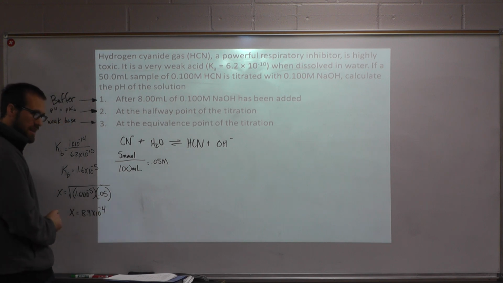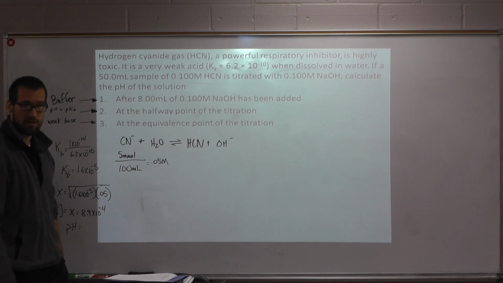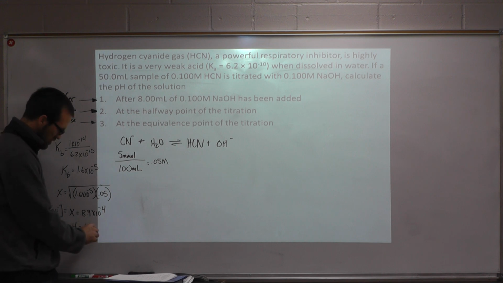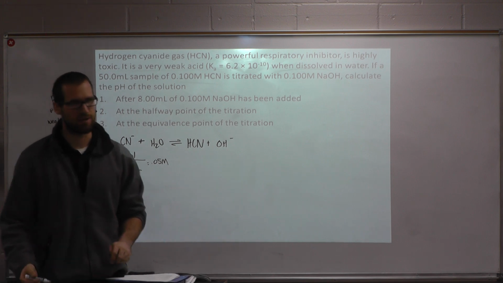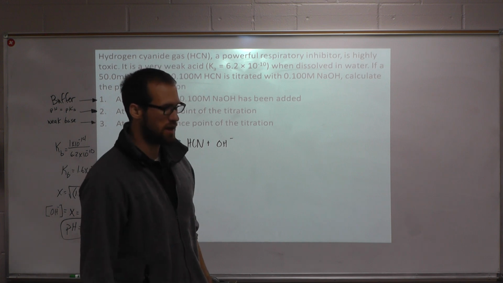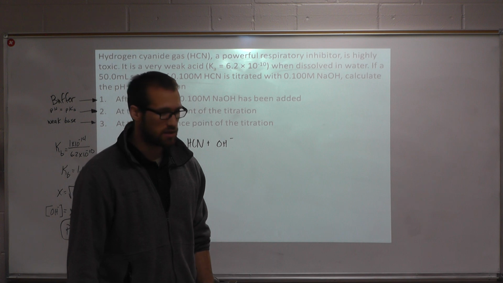And what's your X telling you? OH. So then you've got a little bit of work to do to get to your pH. But to save time, I'll just give you the pH. You guys know what you have to do to get to your pH, right? You have to convert OH minus to H plus and take the negative log of it, or take the negative log of your OH to get your pOH, and 14 minus that to get your desired pH.